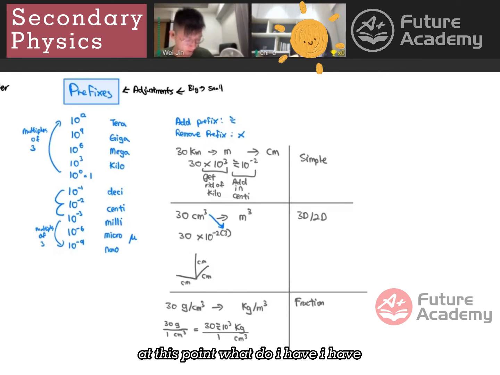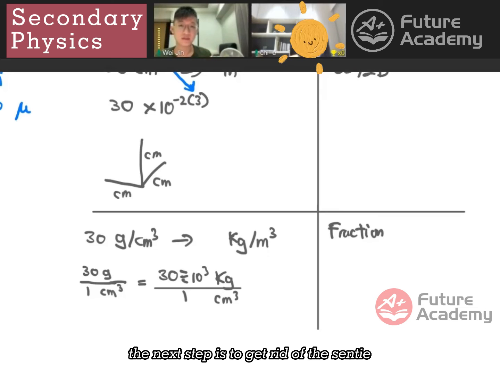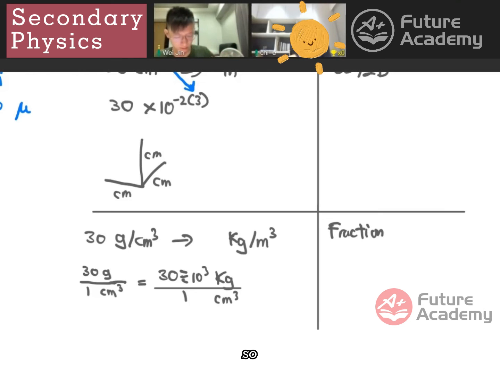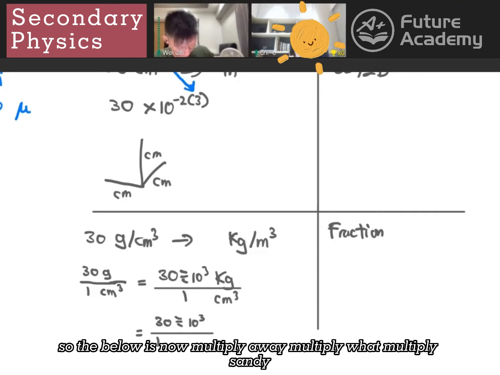At this point, what do I have? I have the unit converted to kg per cm cube, halfway there of what I want. The next step is to get rid of the centi. How do I get rid of something? I will multiply away. So 30 divided by 10 to the power 3, and still keep the denominator at this. So the bottom is now multiply away. Multiply what? Multiply centi.